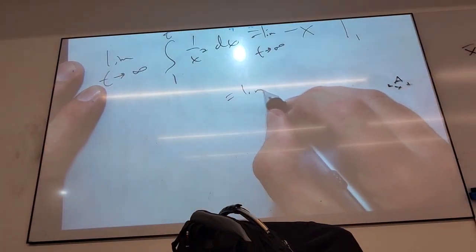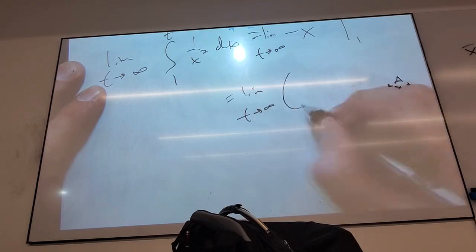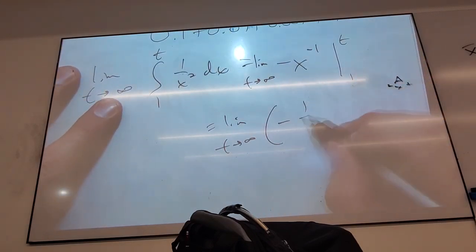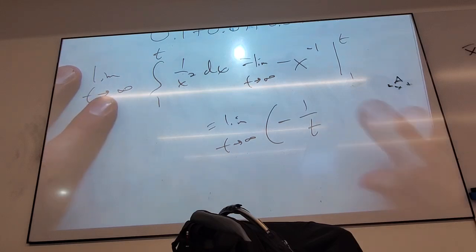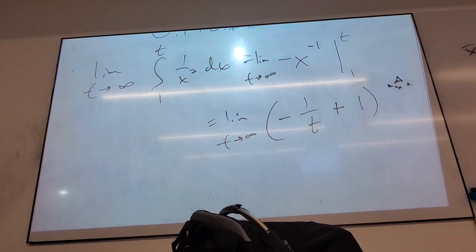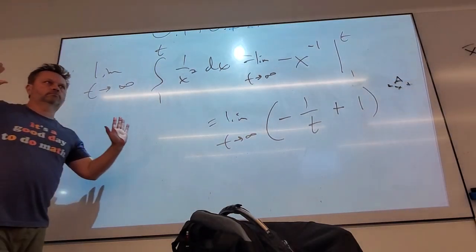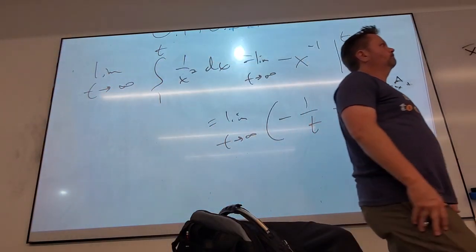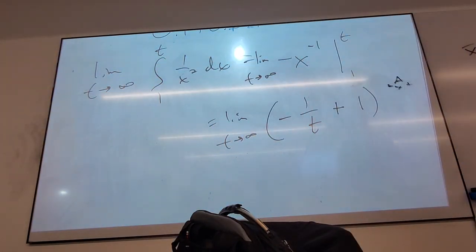So I get the limit as t goes to infinity of, plug a t in, you write it like this, is that cool? This is 1 over x, yeah? Minus, so minus and negative is plus, plug a 1 in, yes? Is that cool? And then let t go to infinity, and what's the first piece go to?